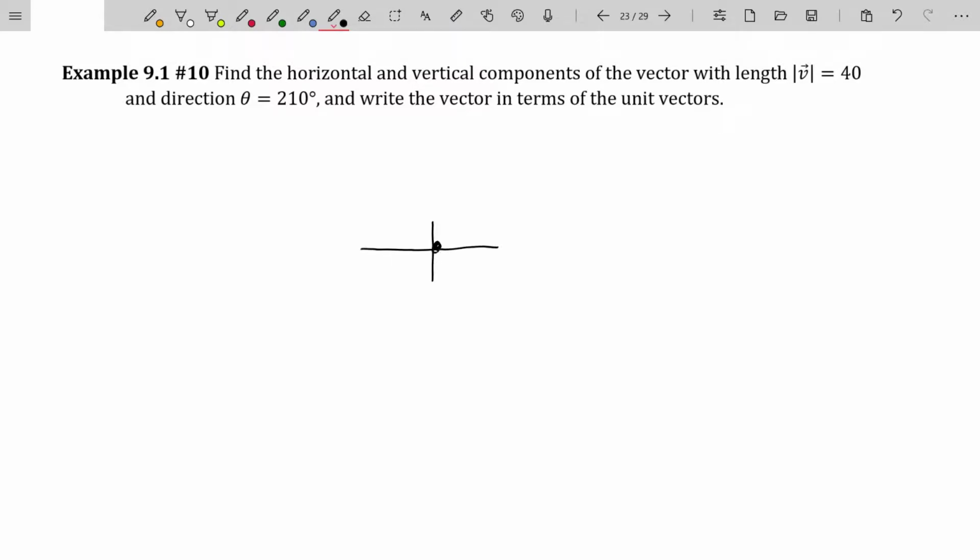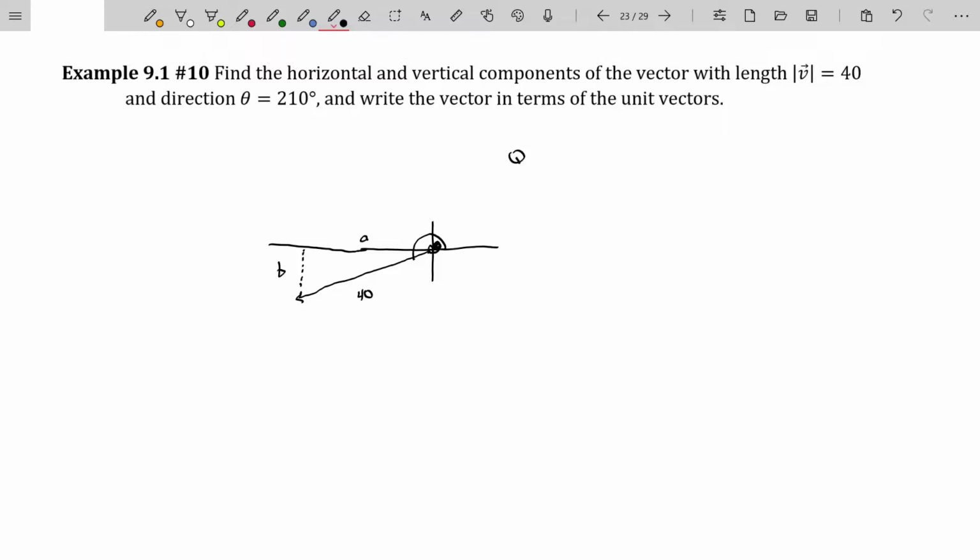I have a vector that makes an angle of 210 degrees and goes out a length of 40. And I want to know what is the horizontal component and what is the vertical component, because those would be the components of the vector. Well, I would find the reference angle and the quadrant, because trig is about reference angles and quadrants.